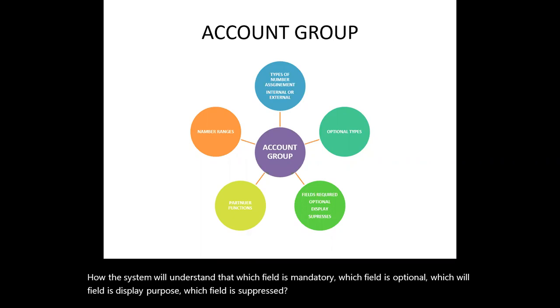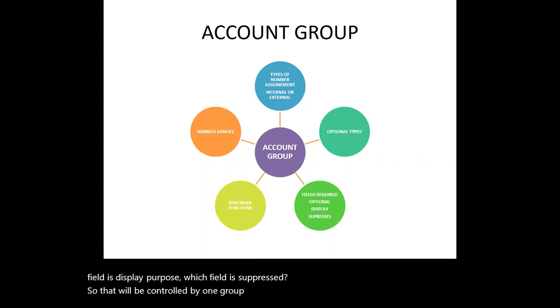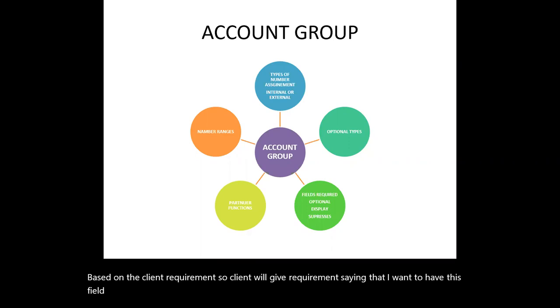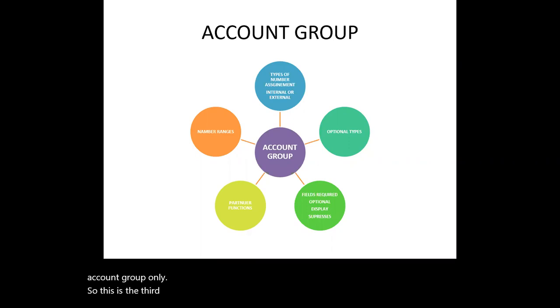That will be controlled by account group only, based on the client requirement. The client will say, I want this field to be mandatory, and I want this field to be optional. That will be controlled from the account group. So this is the third controlling element of account group.